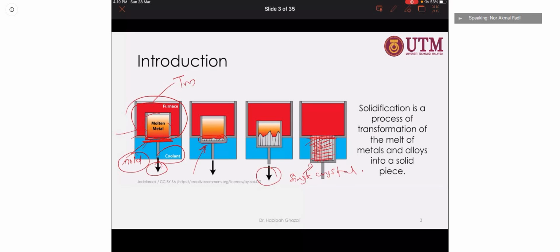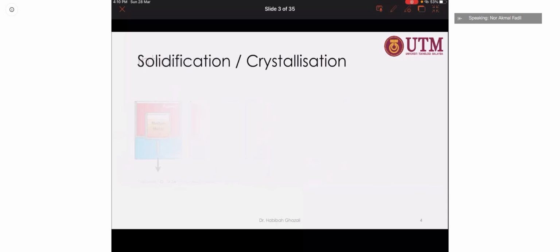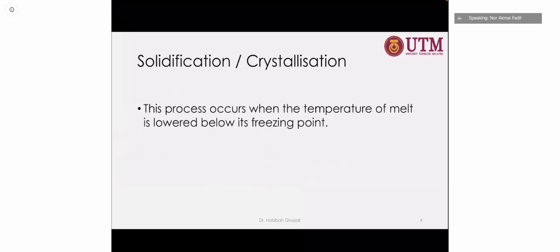So you will get 100% solid. This process occurs when the temperature of the melt lowers below its freezing point. So the solidification is associated with the formation of crystals. Of course, solid metals have a specific crystal structure. We also call this phenomenon crystallization.